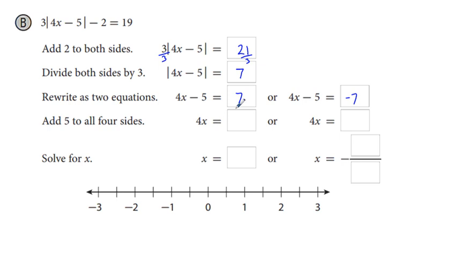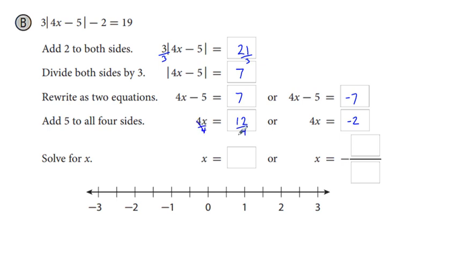And then we add 5 to both sides. So on the left equation, we get 4x equals 7 plus 5, which equals 12. On the right equation, we get 4x equals negative 7 plus 5 equals negative 2. And next, we solve for x. We can divide by 4.